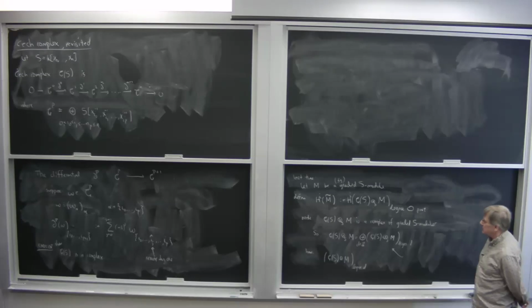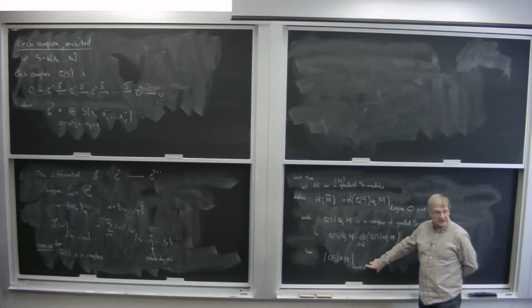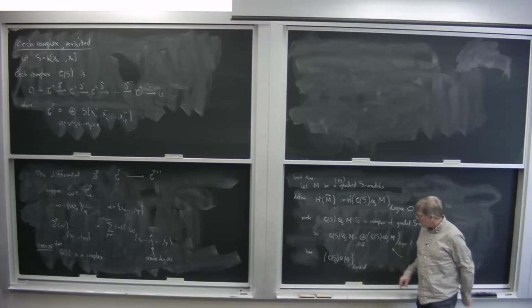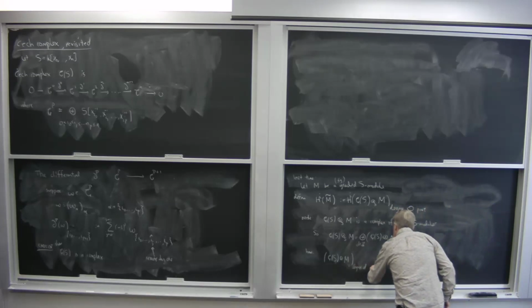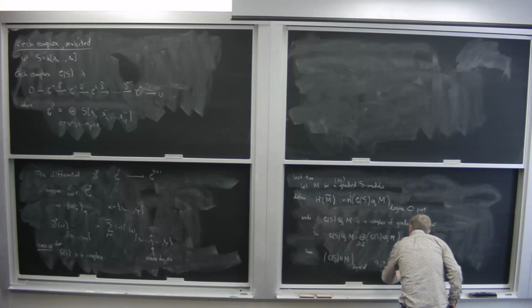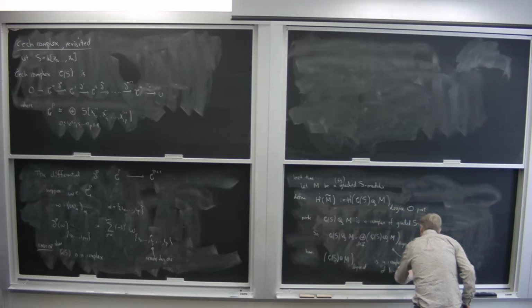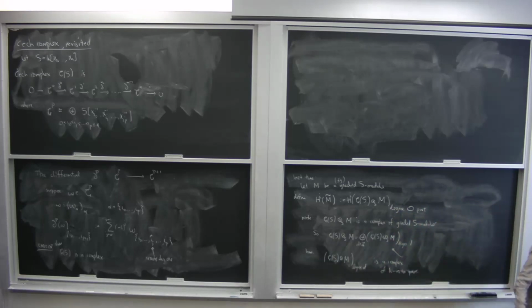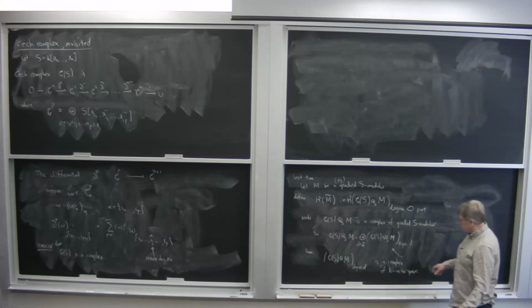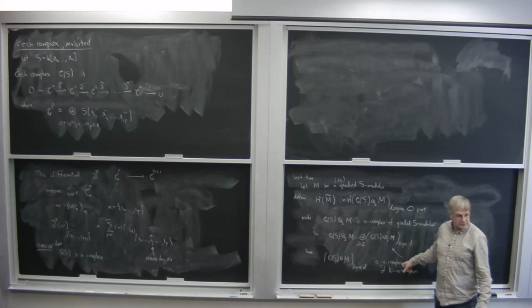It is of abelian groups, that's for sure, but it's also of K vector spaces here. So this is a complex of K vector spaces, where K is the base field that we started with. Actually, if we did it over the integers, then it would be just a complex of abelian groups.